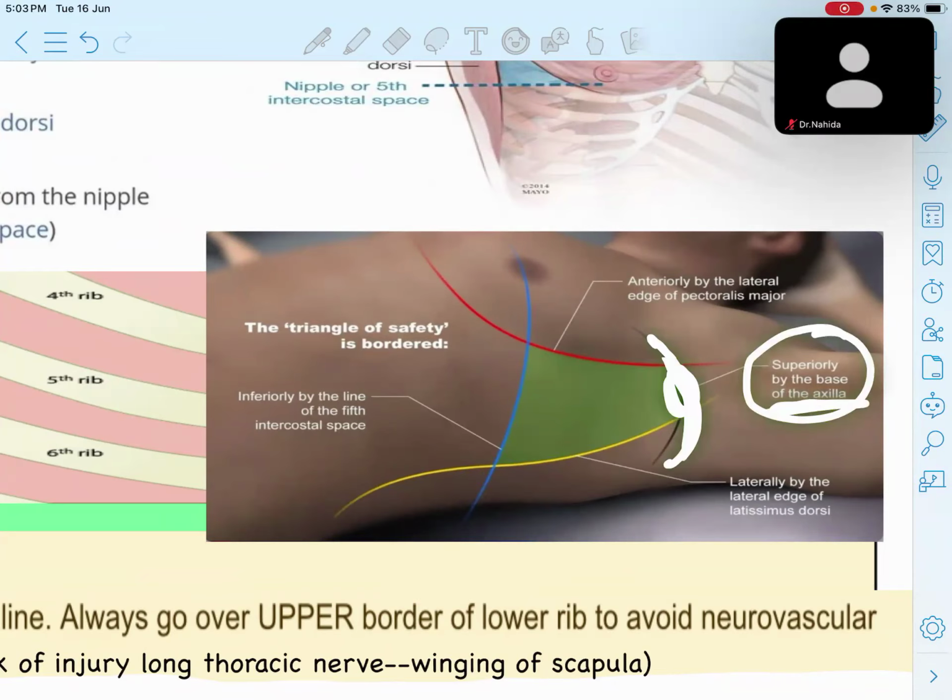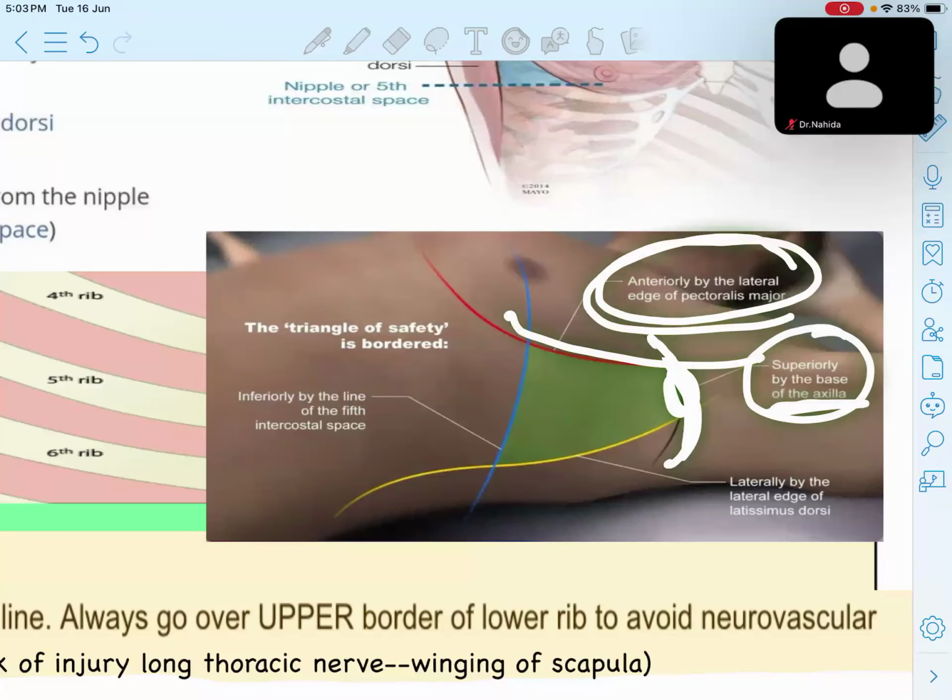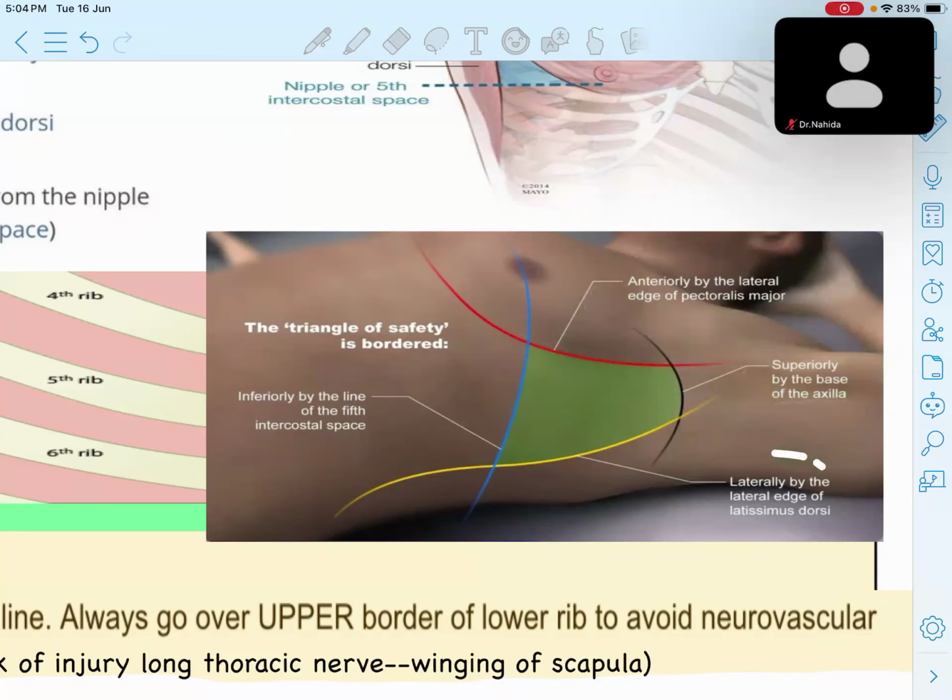Anteriorly by the lateral edge of the pectoralis major, and laterally by the lateral edge of the latissimus dorsi. Focus on the lateral edges. And inferiorly, it is bounded by the line of the fifth intercostal space. This is the triangle of safety.